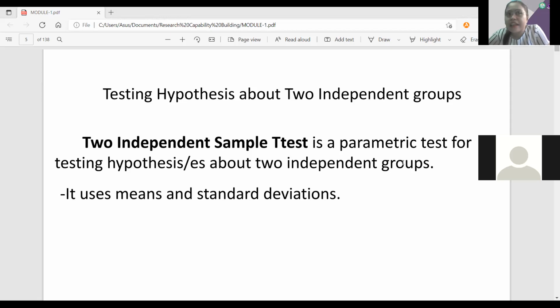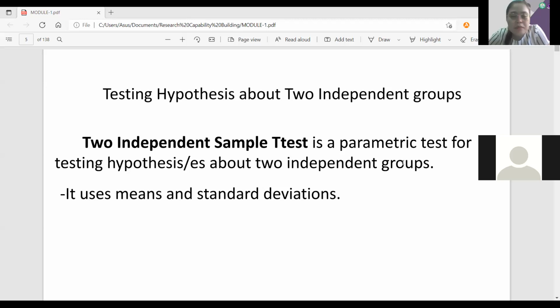Okay, and then lastly, we have the scale. Let's just make the scale, I mean the interval and the ratio as one, since they do overlap with each other. It's just that the other one has true meaningful zero, and then the other one don't have. Okay, so yung scale, ito yung totoong numerical data.